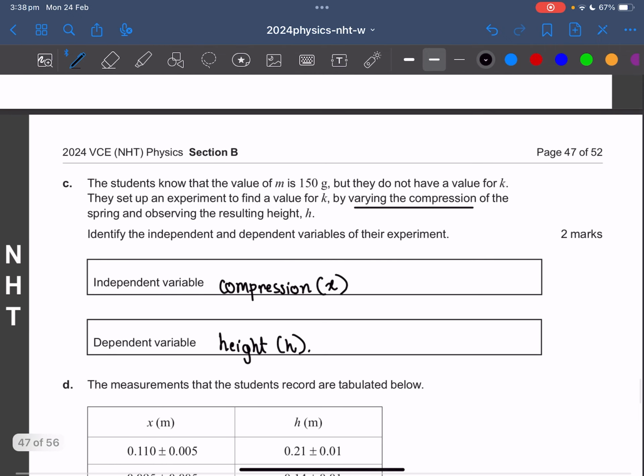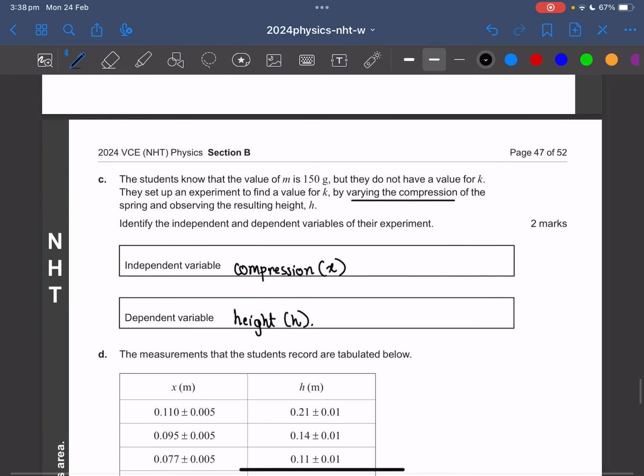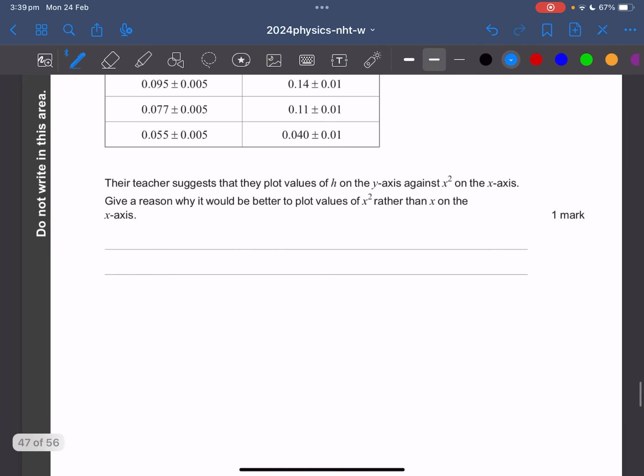Well, it would give us a straight line rather than a quadratic graph essentially. So it would result in a linear graph. Okay?